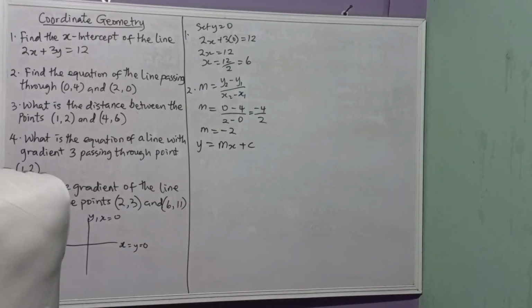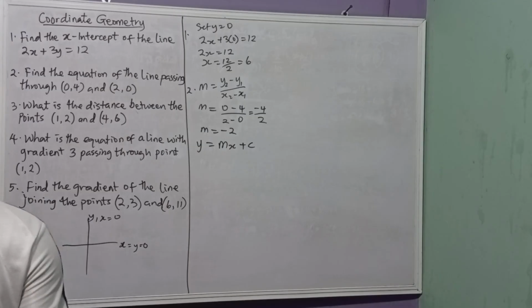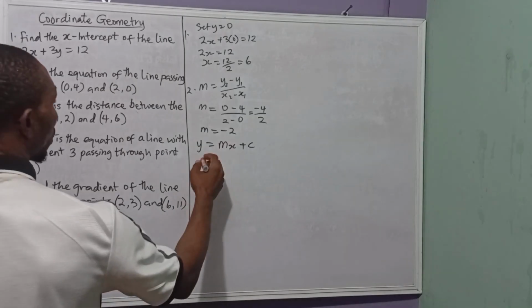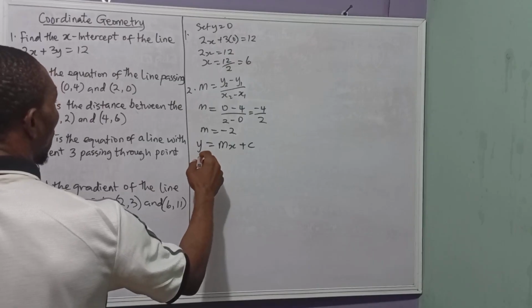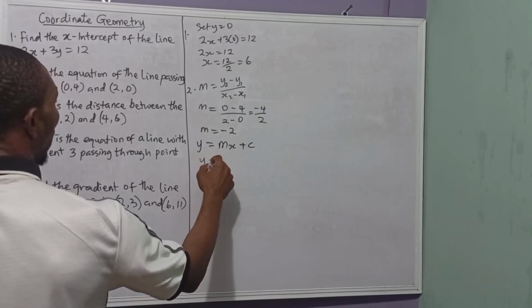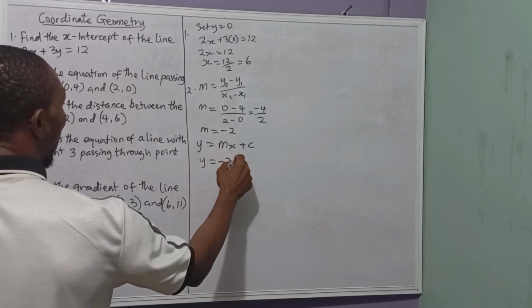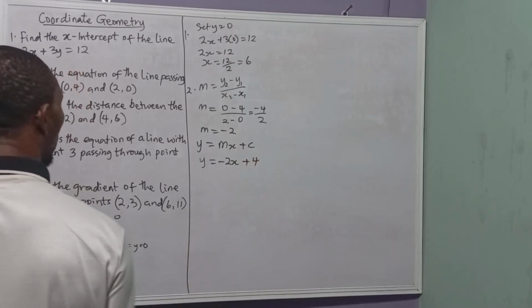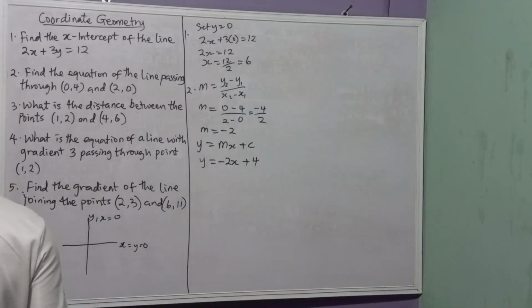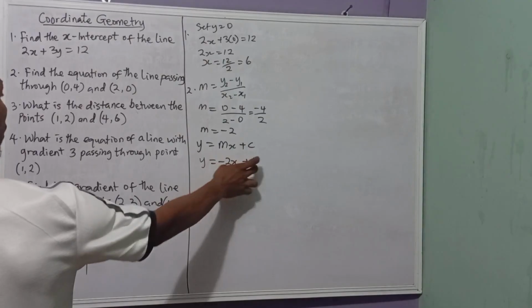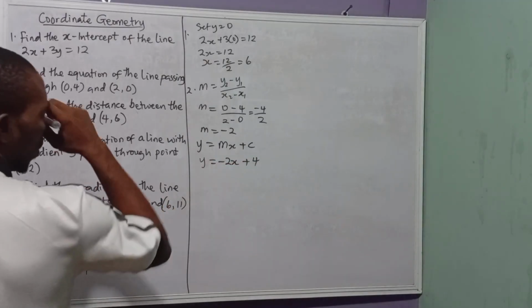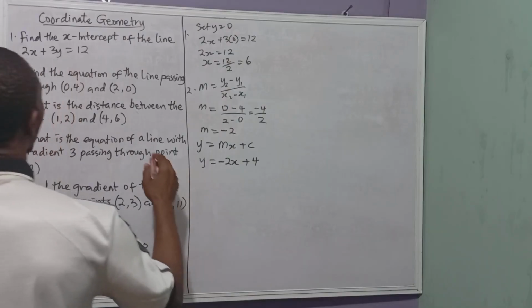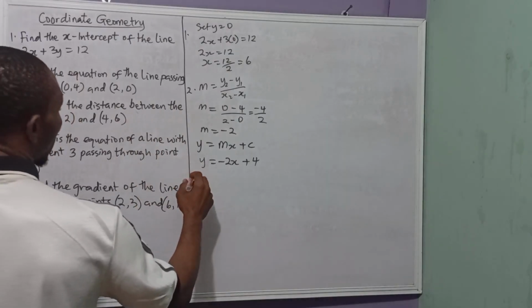When x is 0, y is 4. So inputting it into this equation, this becomes y equals minus 2x plus a constant of 4. So this gives us the equation for our line passing through those points.